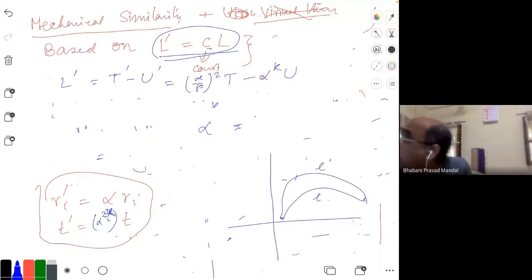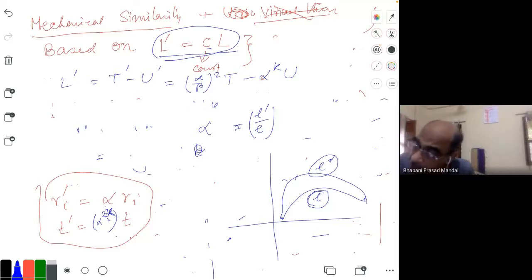Let me choose my alpha equal to L prime by L. That means it will be the same shape but a different size path. So the length scale in the old path is L, in the new one is L prime, and I choose alpha equal to this.